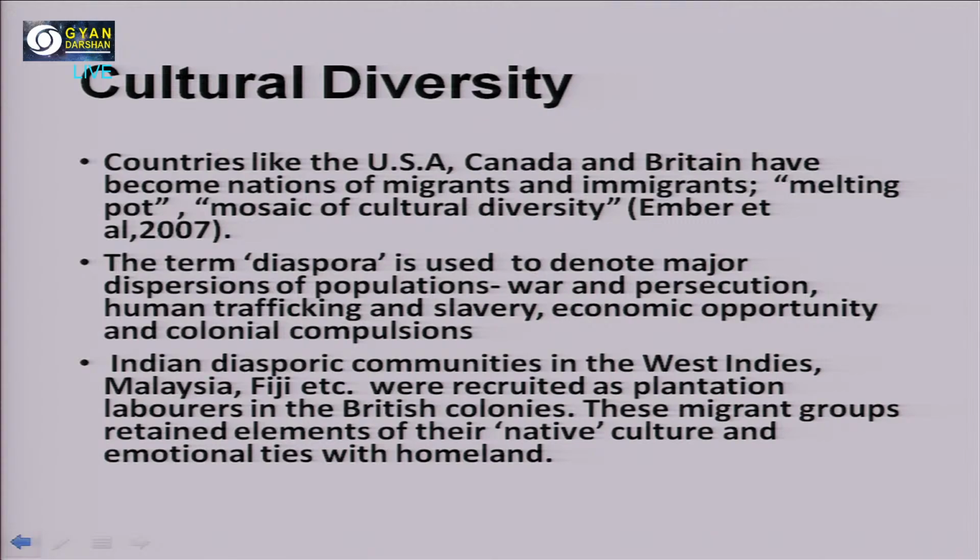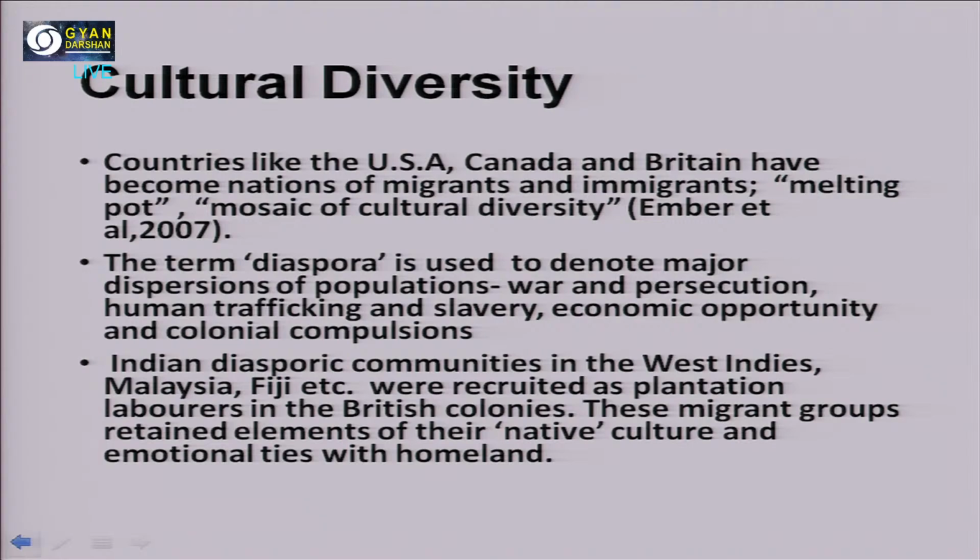The diaspora is used to denote major dispersions of populations, people who may disperse to different parts of the world due to various reasons: war and persecution, or slavery and human trafficking as happened in earlier times, and more recently, economic opportunity. Also during the colonial period, we saw a great deal of movement of people from one part of the world to the other to fulfill the colonial economic agenda.